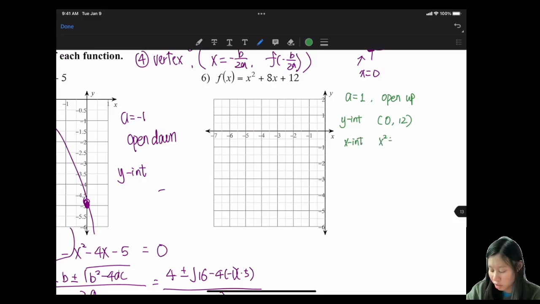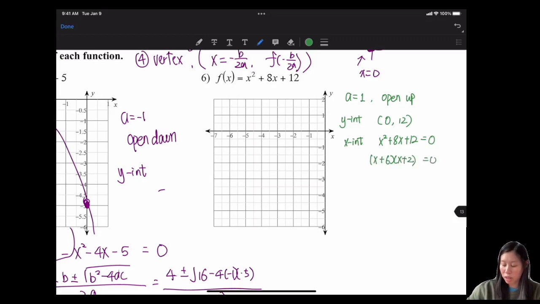That means we want to set the function equal to 0. So how do we solve that? We use factoring. Of course, you can use the quadratic formula, whatever way makes you more comfortable. For me, it's easier to just factor it. So I have x-intercepts at negative 6 and x equals negative 2.